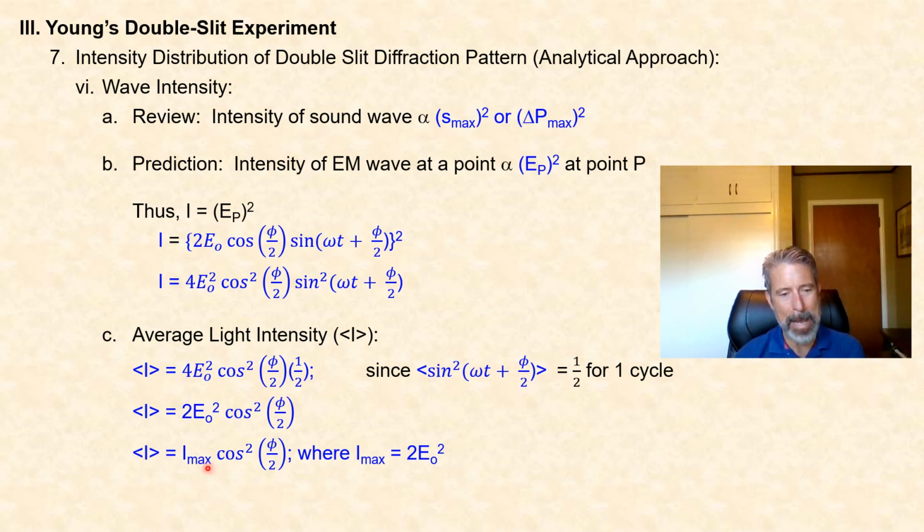We'll call that I max. And now we're starting to get somewhere. We're kind of seeing how the intensity of our double slit interference pattern has this angular dependence. It depends on the angle phi here.